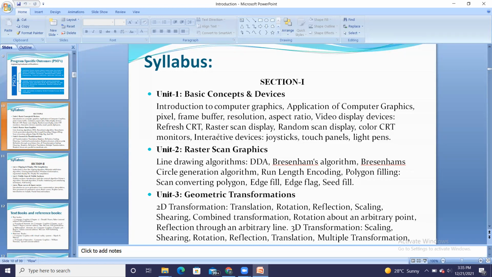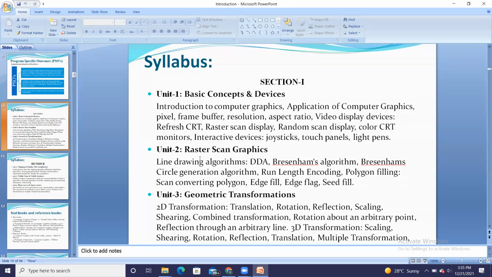Similarly, we have introduction about the interactive devices like joystick, touch panels, and light pens. So this is nothing but your chapter number 1, which has all the introductory theory part, right?